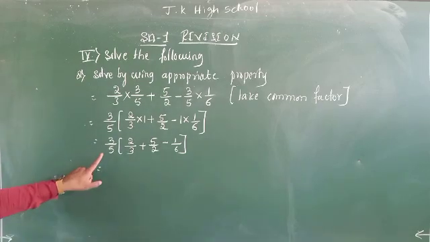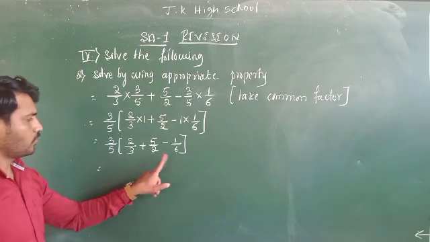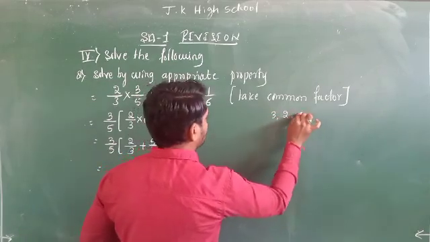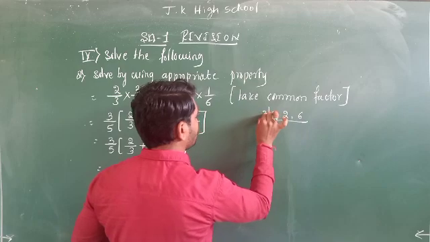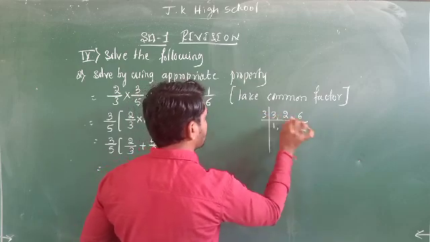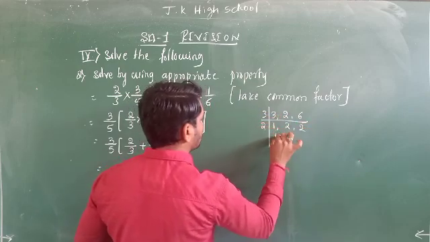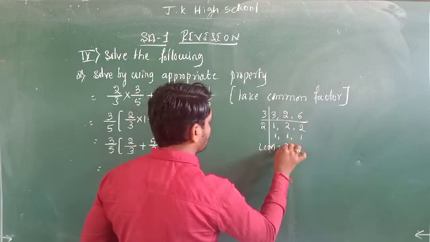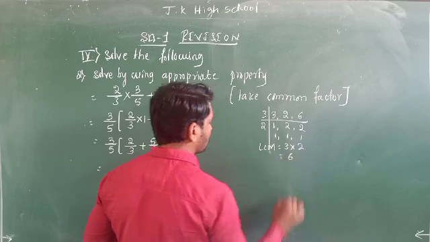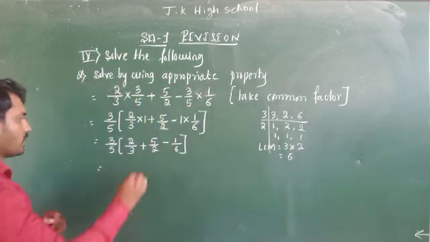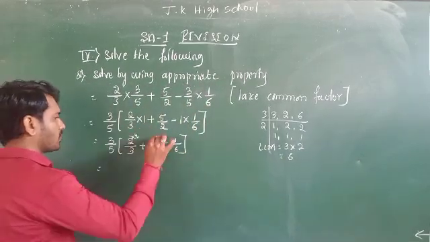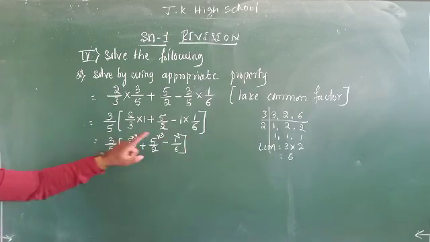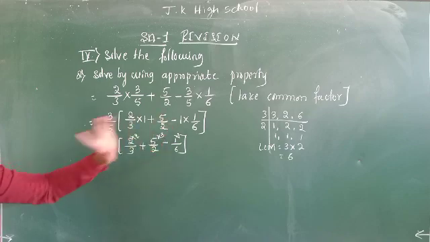Later on, 3 by 5 is outside, take the LCM of 3, 2 and 6. 6 is our LCM. 3 2s are 6, 2 3s are 6, 6 1s are 6.